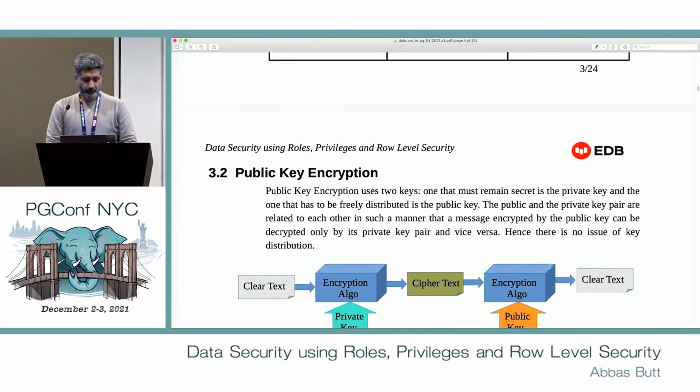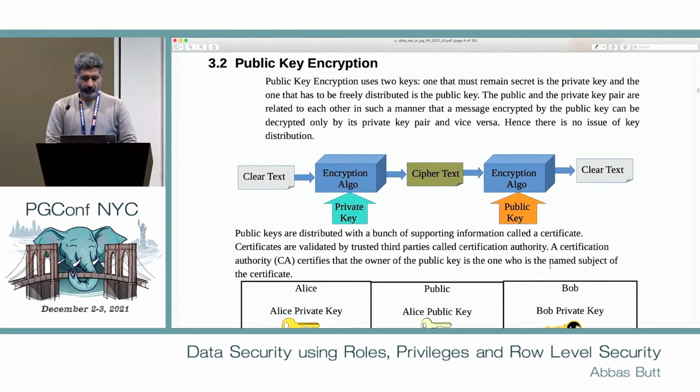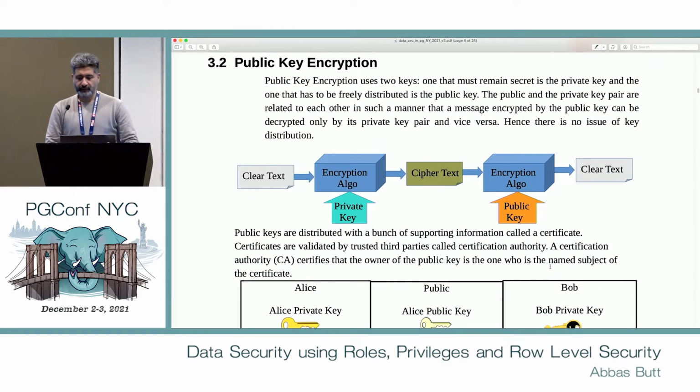Now let's talk about public key encryption. In public key encryption, you have two keys. One is the public key that can be distributed to the public, and the other is the private key, which must be kept secret. And the relationship between the two keys is such that if you encrypt using the public key, you can decrypt it using the private key, and vice versa, right?